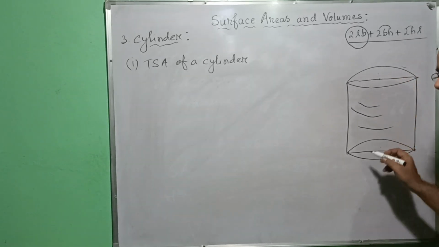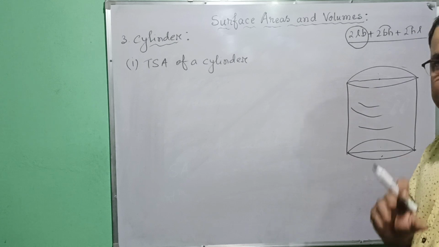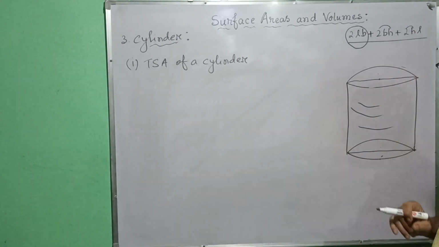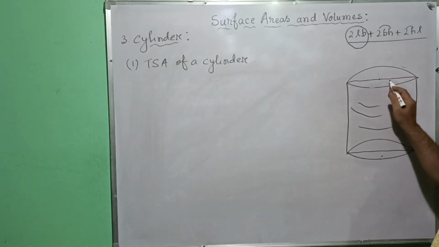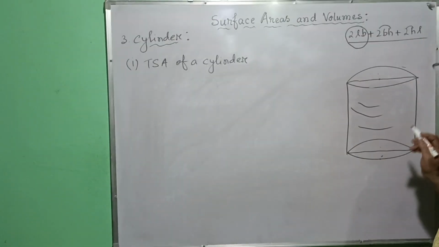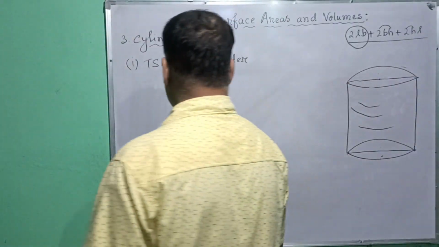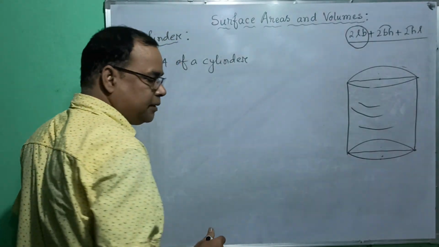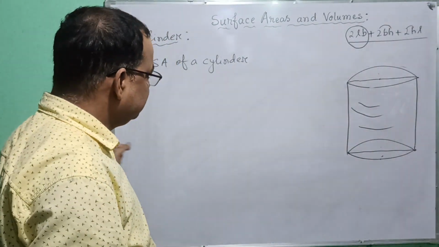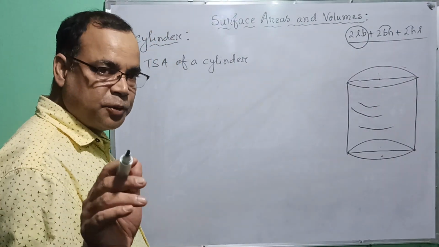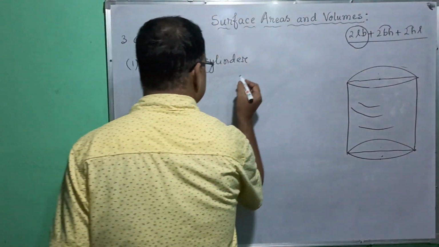This top and bottom are both equal and circular in shape. So we are getting two different types of shapes: one is a flat surface and another is a curved surface. So when we write the total surface area of a cylinder, we have to add both types of areas.